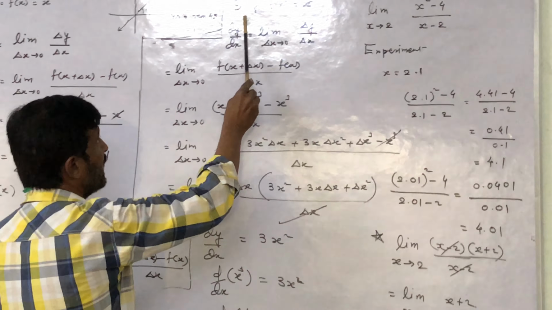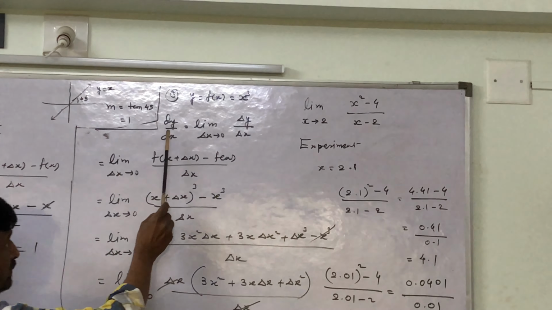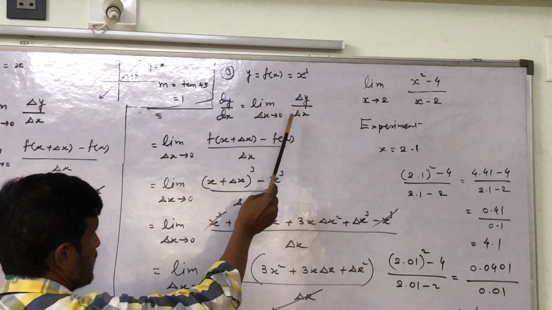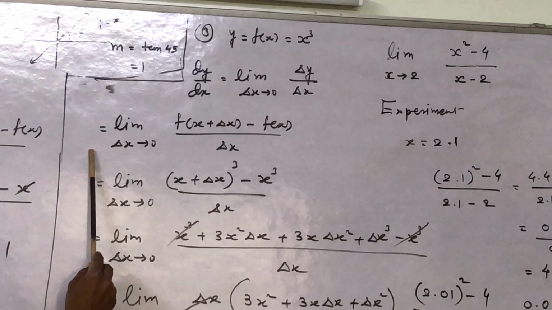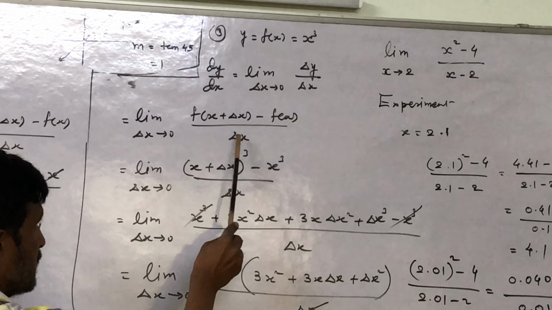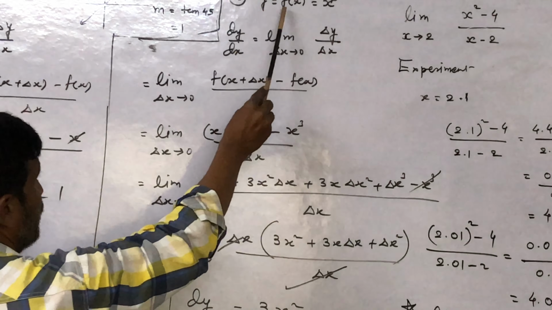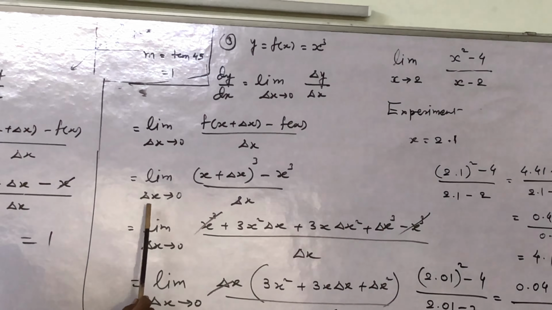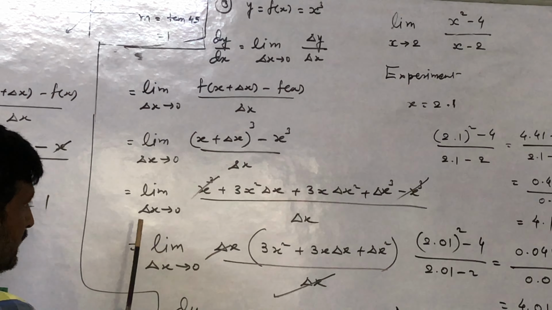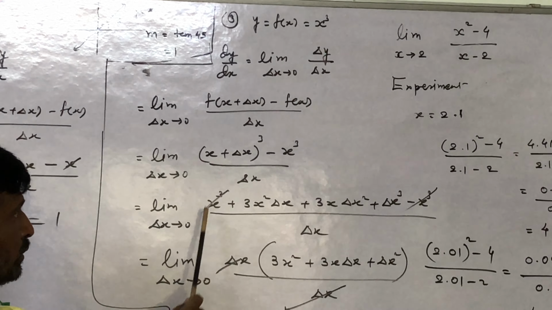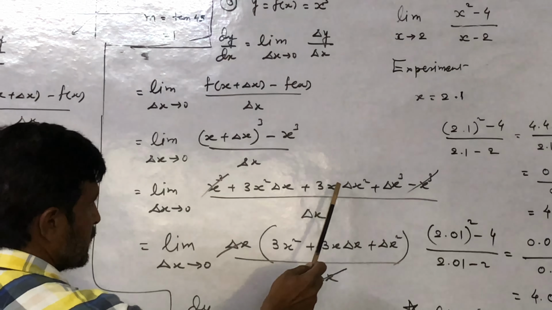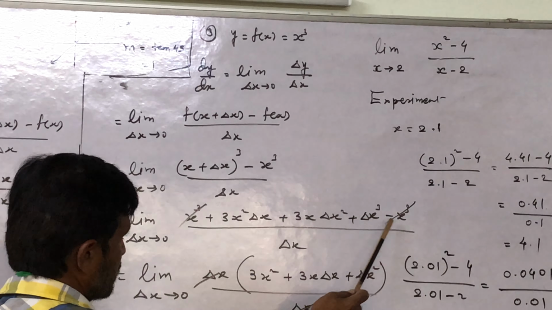Similarly, y equal to f of x equal to x cube. Now we are taking x cube. So dy by dx is limit delta x tends to 0, delta y by delta x, equal to limit delta x tends to 0, f of x plus delta x minus f of x upon delta x. But this time f of x is x cube. So limit delta x tends to 0, x plus delta x whole cube minus x cube upon delta x, equal to limit delta x tends to 0, expansion: x cube plus 3x square delta x plus 3x delta x square plus delta x cube, minus x cube.